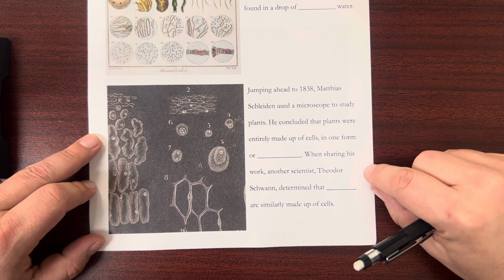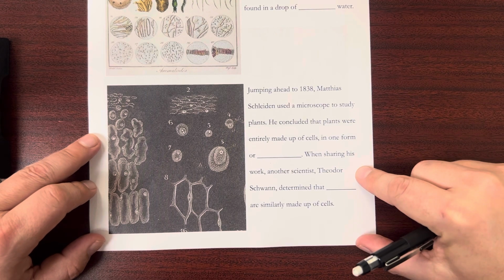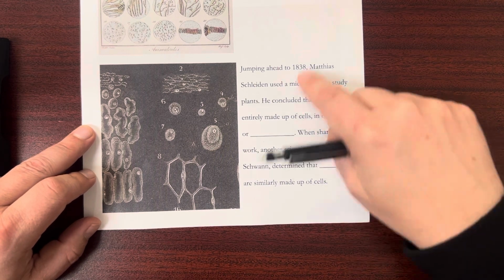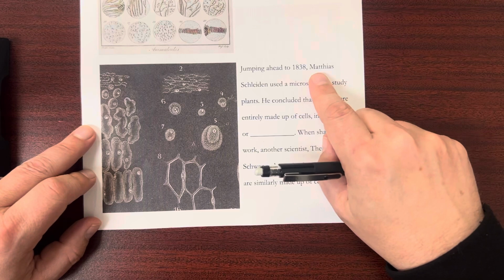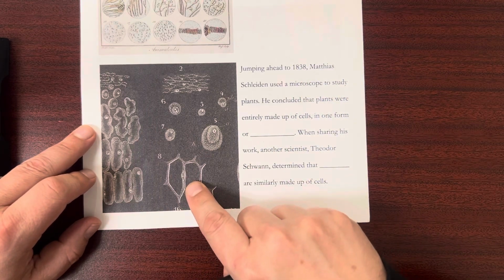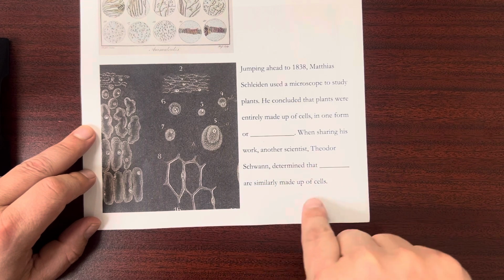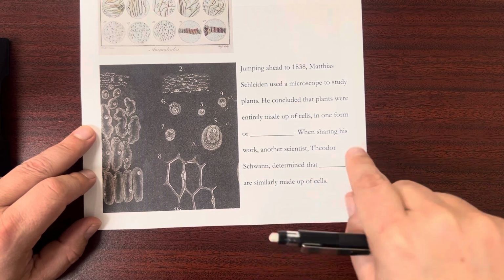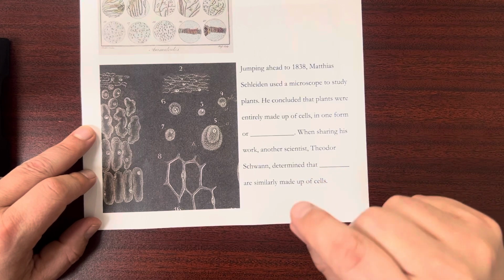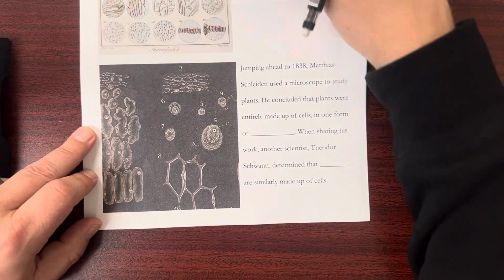When sharing his work, another scientist, Theodor Schwann, determined that animals are similarly made up of cells. So both these guys said, okay, plants are completely made up of cells no matter where you look on the plant. Theodor Schwann said the same thing about animals. No matter where you look on the animal, you can find the animal being made up of cells.